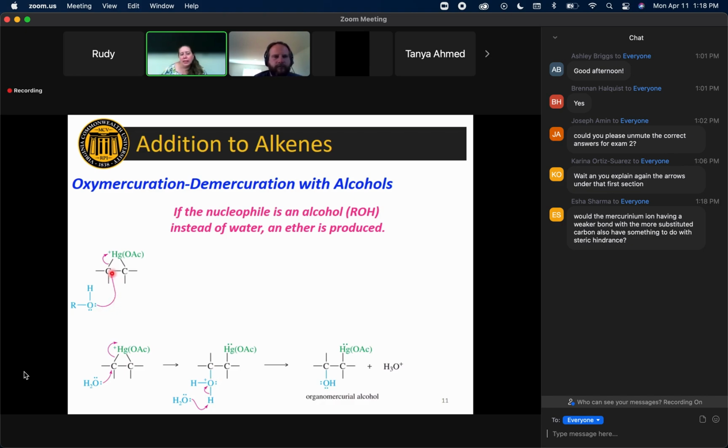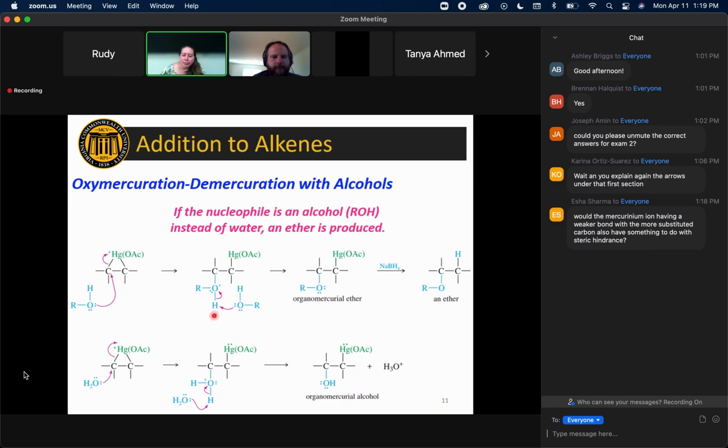So it would attack the more substituted carbon, because that's where that delta plus is, break our carbon-mercury bond there, and get us to a situation where we now have a new carbon-oxygen bond, just like in the case of water. We still have our carbon-mercury bond.